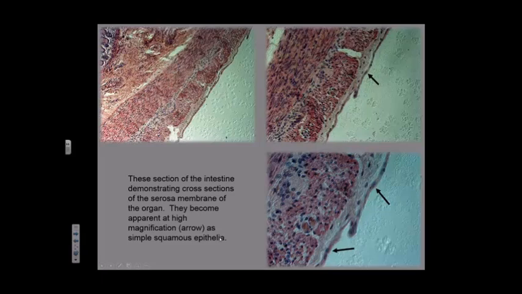And this is somebody's digestive system, and here's the surface right here on the outside. And you get a higher magnification, and then it looks like this. So here's the nucleus of a simple squamous epithelia right there. Here's another nucleus, and here's another, so here's another simple squamous epithelia on the surface of an organ.